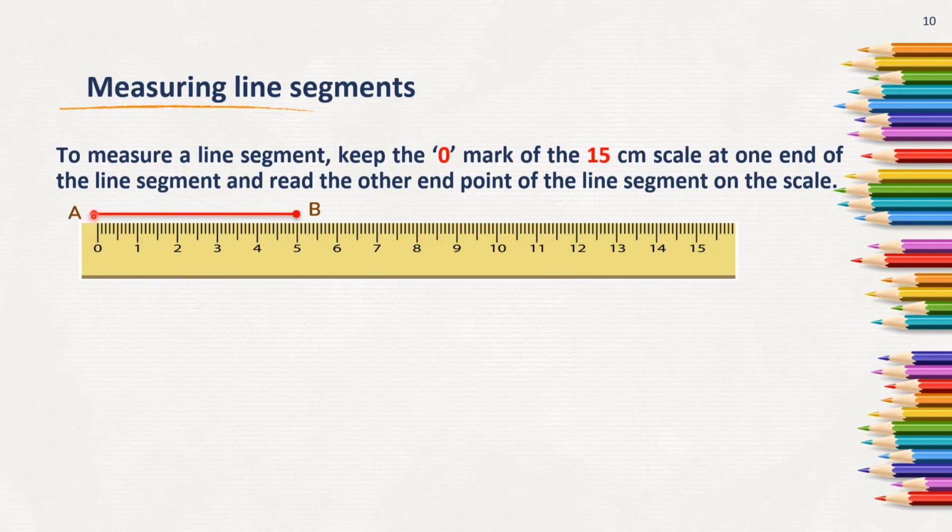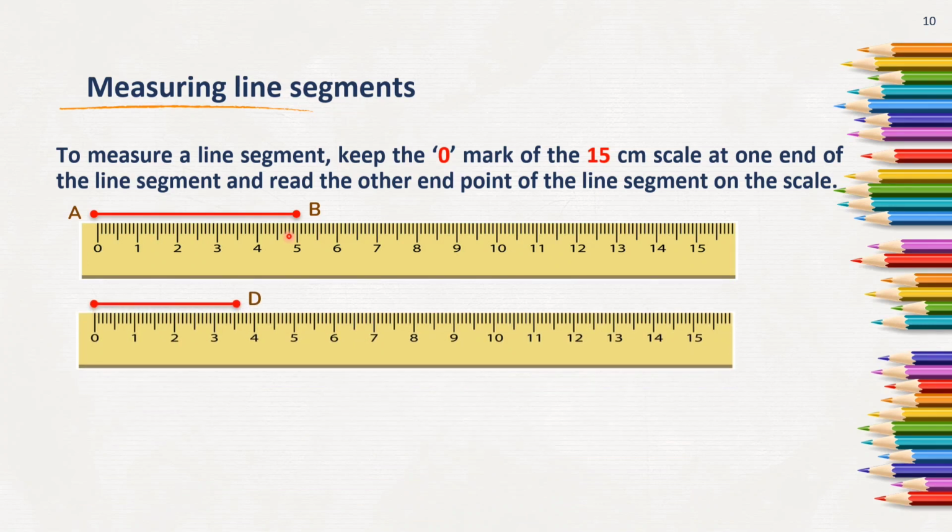So the line segment AB is 5 centimeters. In the same way, for the line segment CD, C is starting at 0 but D is between 3 and 4. It's after 5 millimeters, that means 0.5. So the line segment CD is 3.5 centimeters.